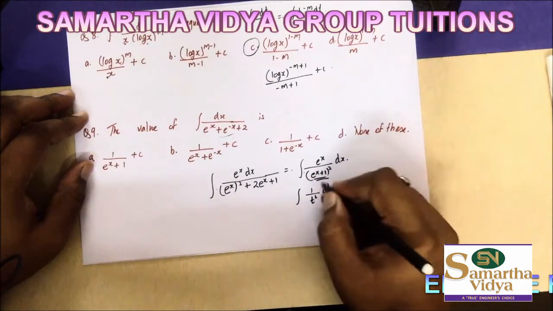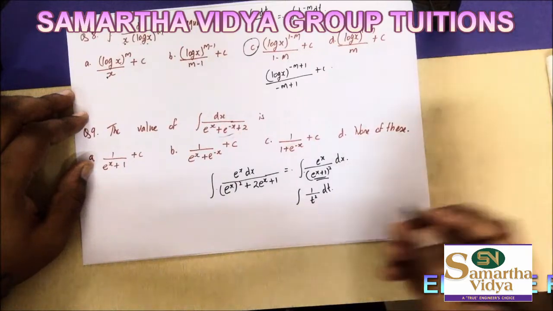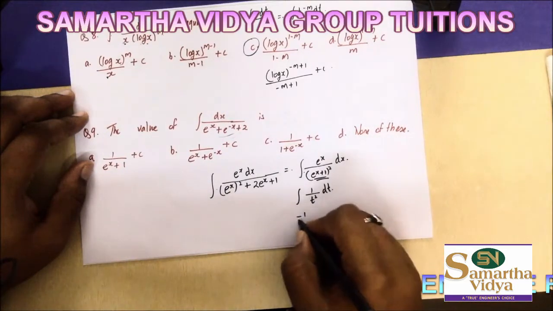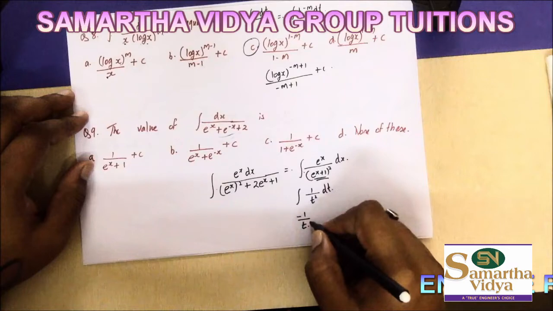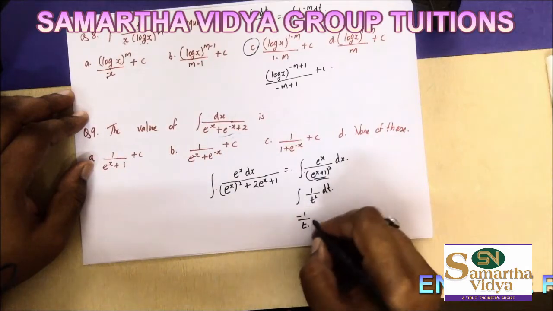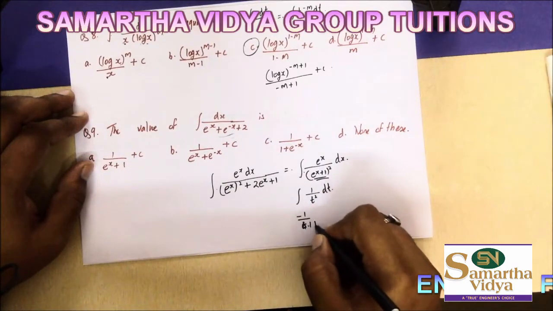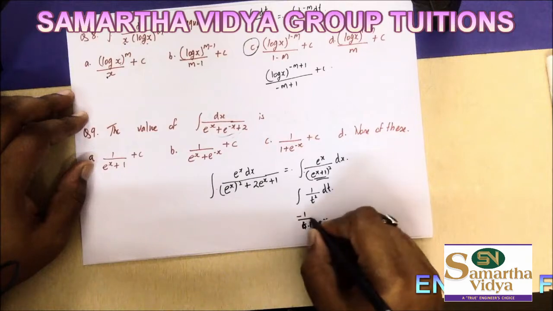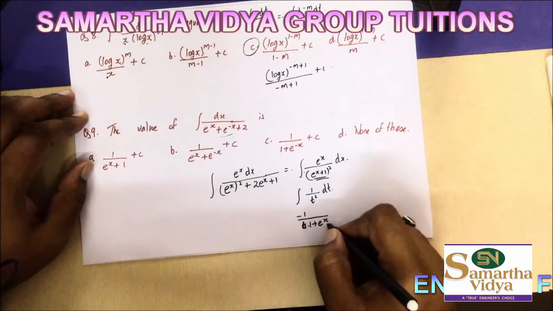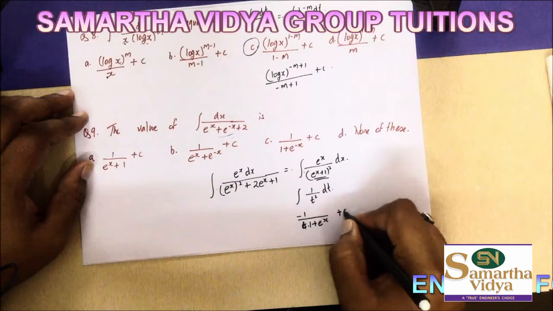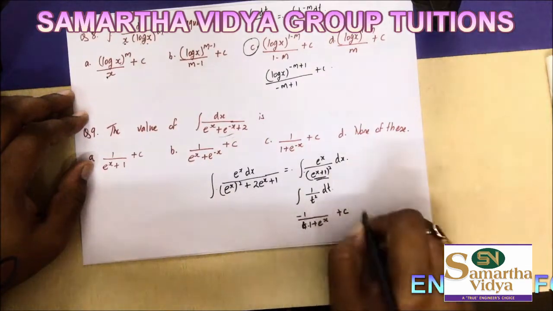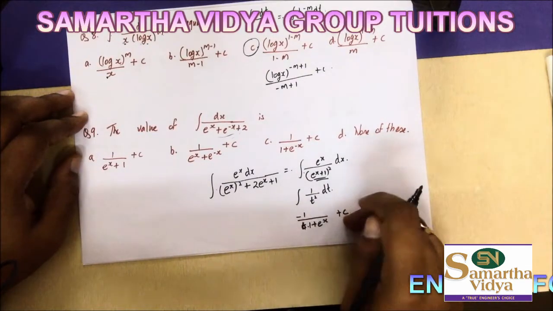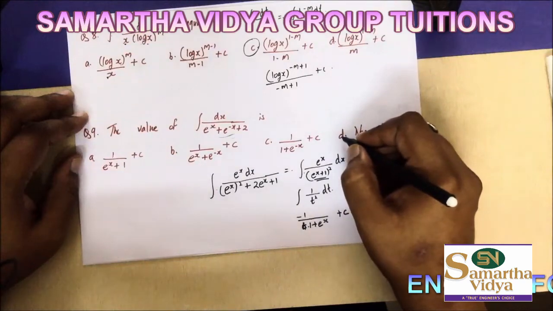We know that the integration of 1 upon t square is nothing but minus 1 by t. So we get the answer as minus 1 by t, but t we have substituted as 1 plus e raised to x. So it's minus 1 by (1 plus e raised to x) plus c. We see that there is no such option given to us, so that's why we go for option D.